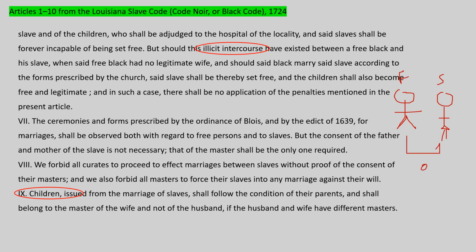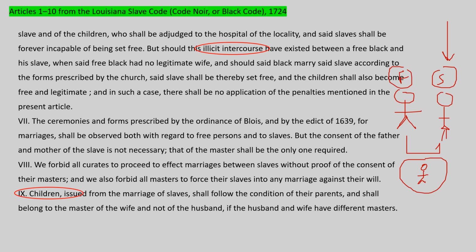If they produce a child, the question here is, will the child be free or slave? And eventually you're going to see the law pass where it says social status will be determined by the mother. This will have some pretty harsh conditions with regard to the issue of sexual assault and rape, because keep in mind the female slave is property.